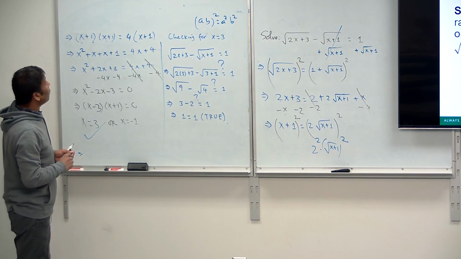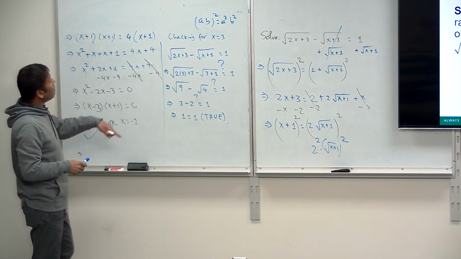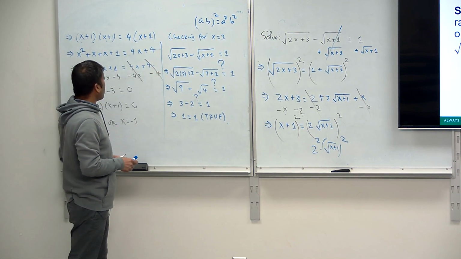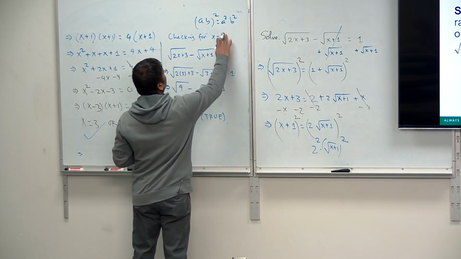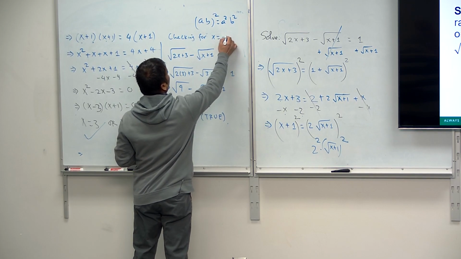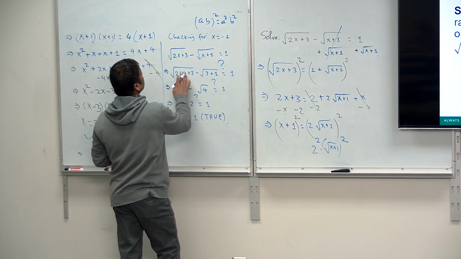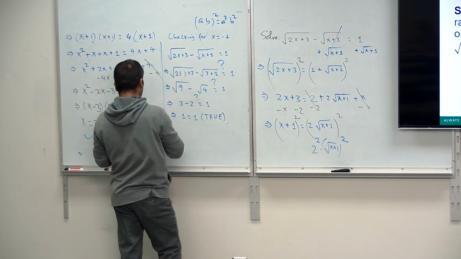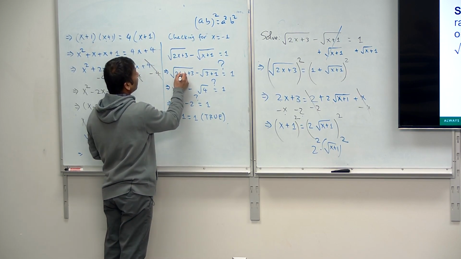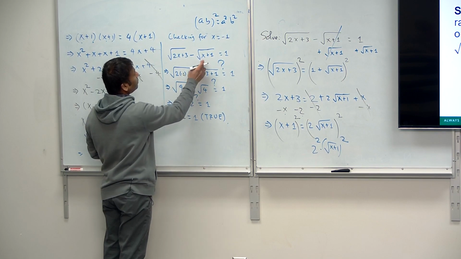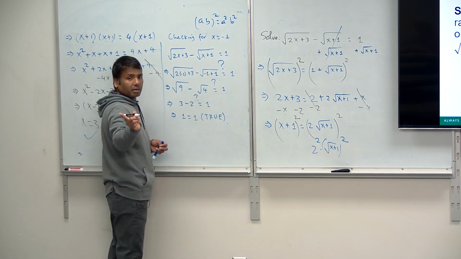So now we follow the similar procedure. We plug in x equal to what? Negative 1, okay? So x equal to negative 1. Are you guys with me? Make sense?